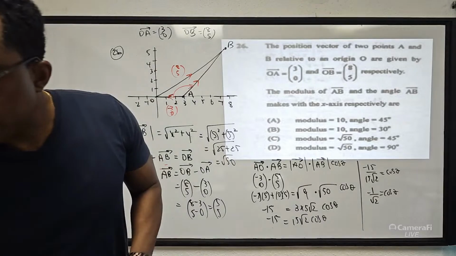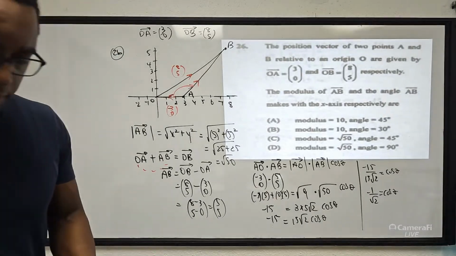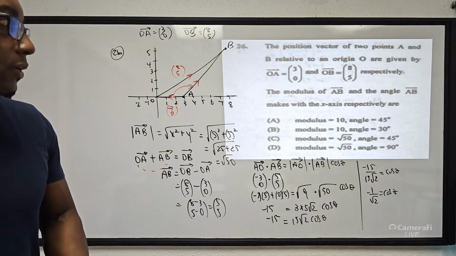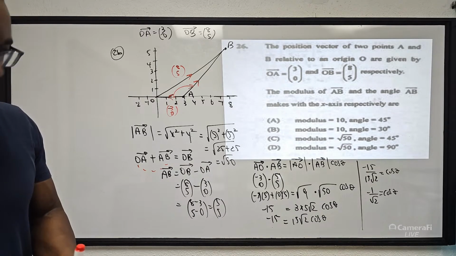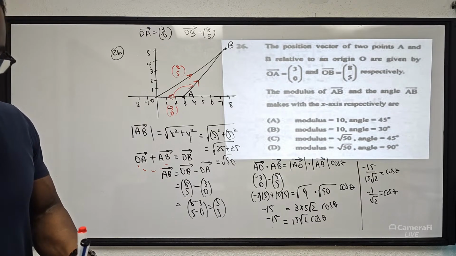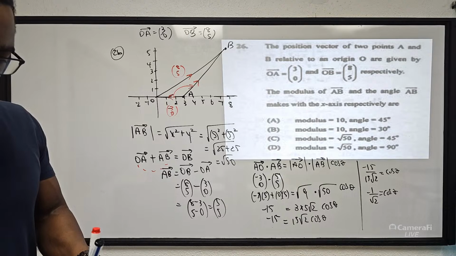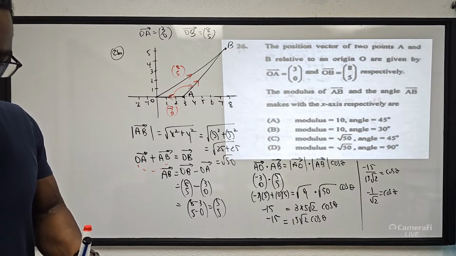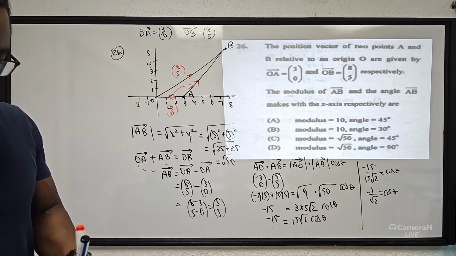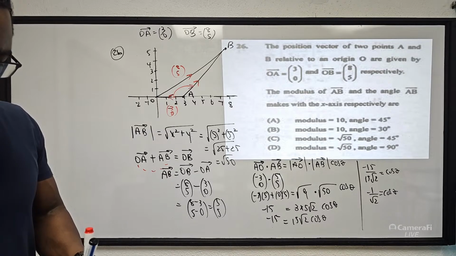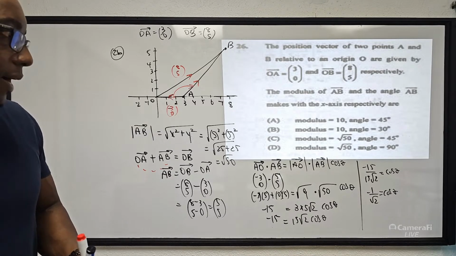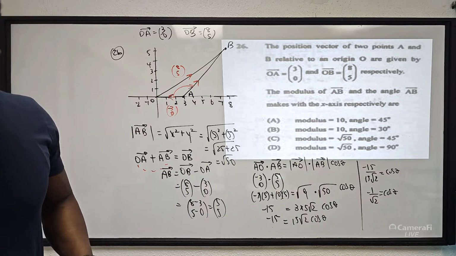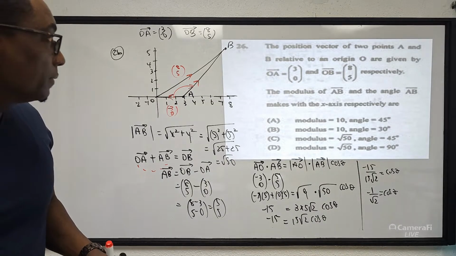And let's see what that would be equal to. Let me see. This will be equal to shift cos of negative 1 divided by square root of 2, close brackets. Right? Now, what has to happen here?